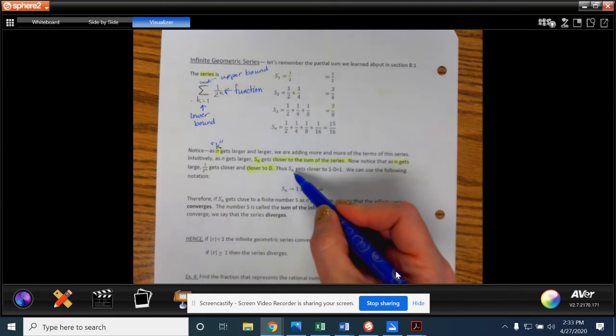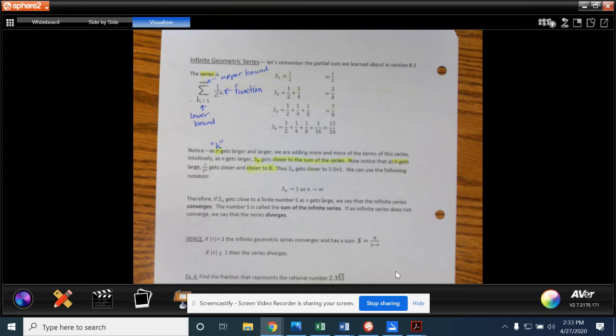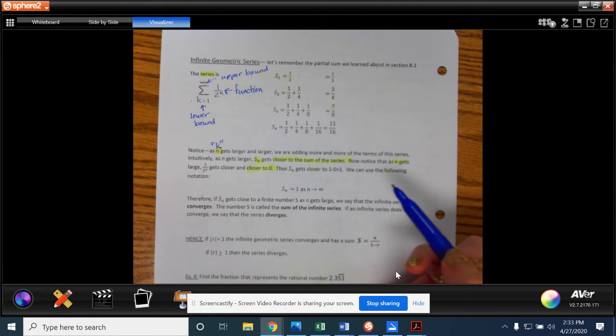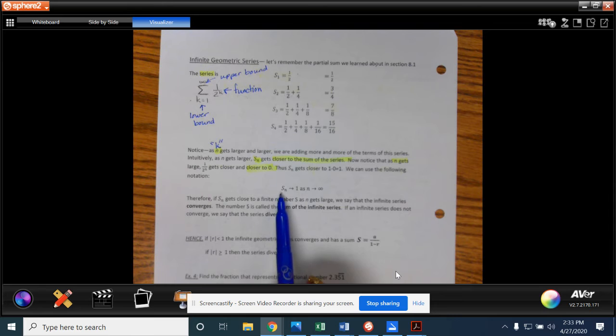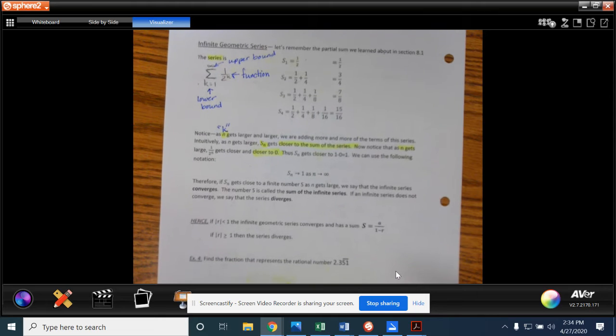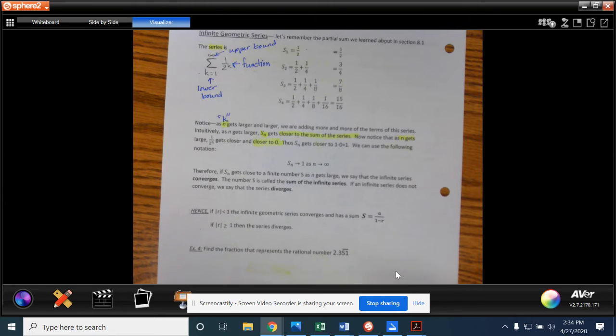The sum of the geometric series gets closer and closer to 1 minus 0, which equals 1. And we use this notation as the sum gets closer to 1, as indicated up here, that occurs as n gets closer to infinity.